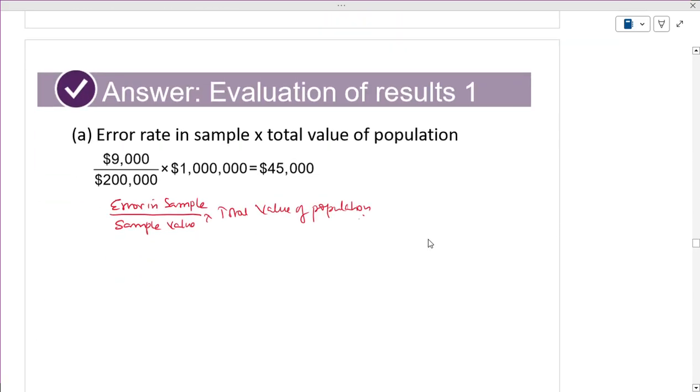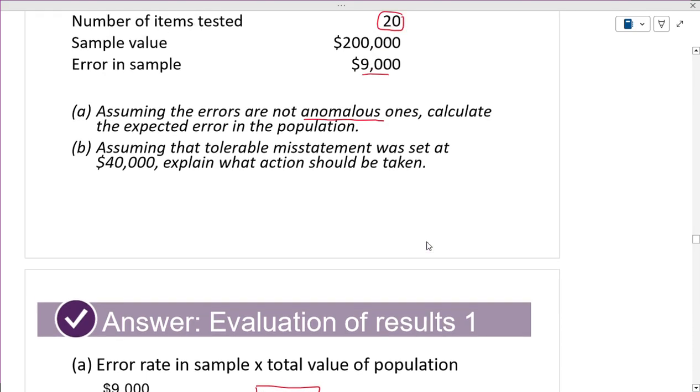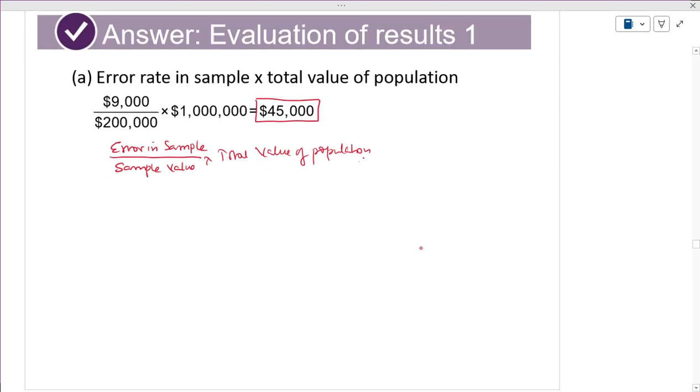But what is the projection? You are making a projection of 45,000. When we say expected error in the population, it is nothing but the projection.